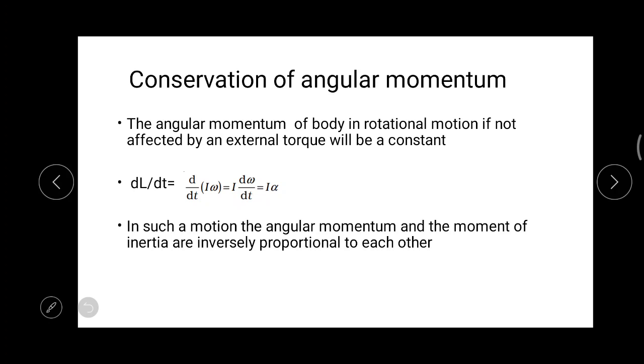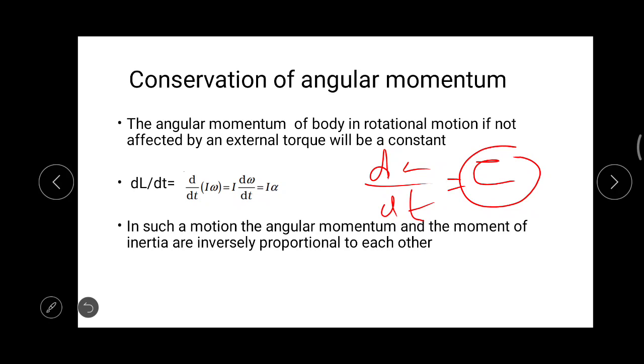Now let us come to the conservation of angular momentum. As in the case of the conservation of linear momentum, if the external torque acting upon a particular body is 0, that is, if there is no external force acting, then the angular momentum value will be conserved, or constant. That is, if tau is equal to 0, we have already seen dL by dt is equal to tau, so L will be constant.